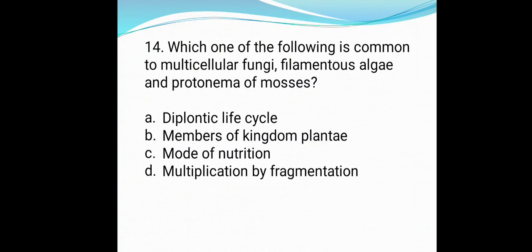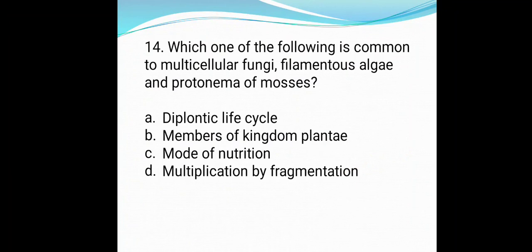Which one of the following is common to multicellular fungi, filamentous algae and protonema of mosses? The answer is multiplication by fragmentation, option D. As we know, fragmentation is a mode of asexual reproduction that involves breaking the parent body into several fragments, and each fragment develops into a new individual.